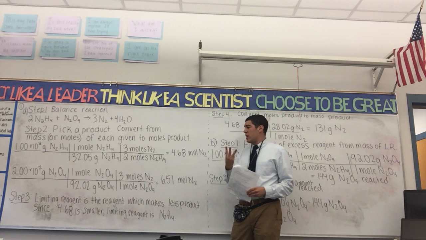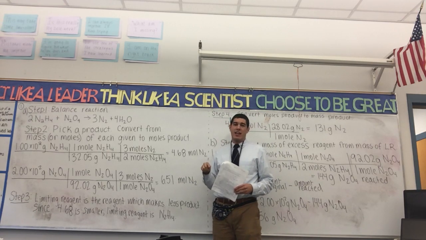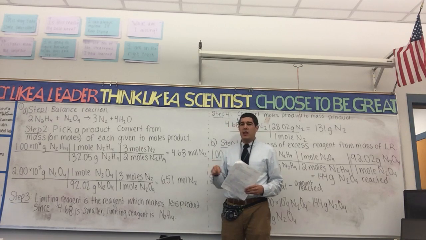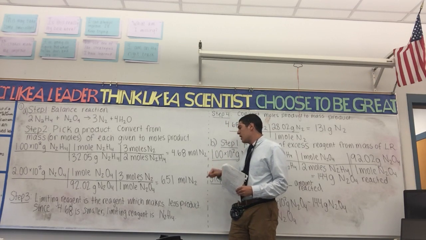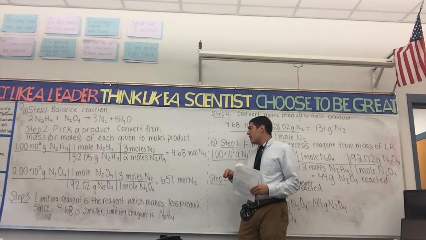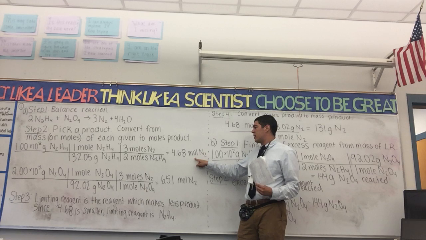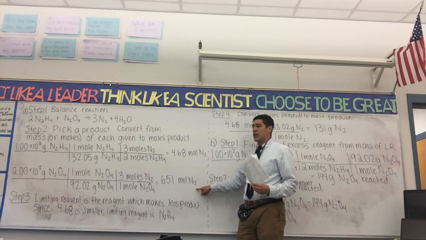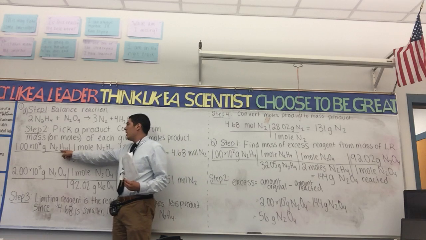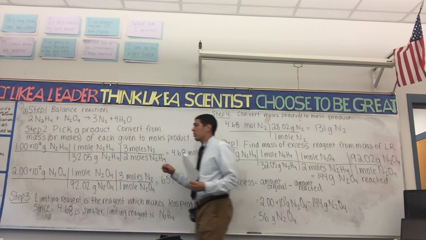Next, in step 3, that's where you identify what the limiting reagent is. We know that the limiting reagent is the reagent which makes less product. In this case, since 4.68 moles of N2 was less product than 6.51 moles of N2, you know that the limiting reagent is N2H4.